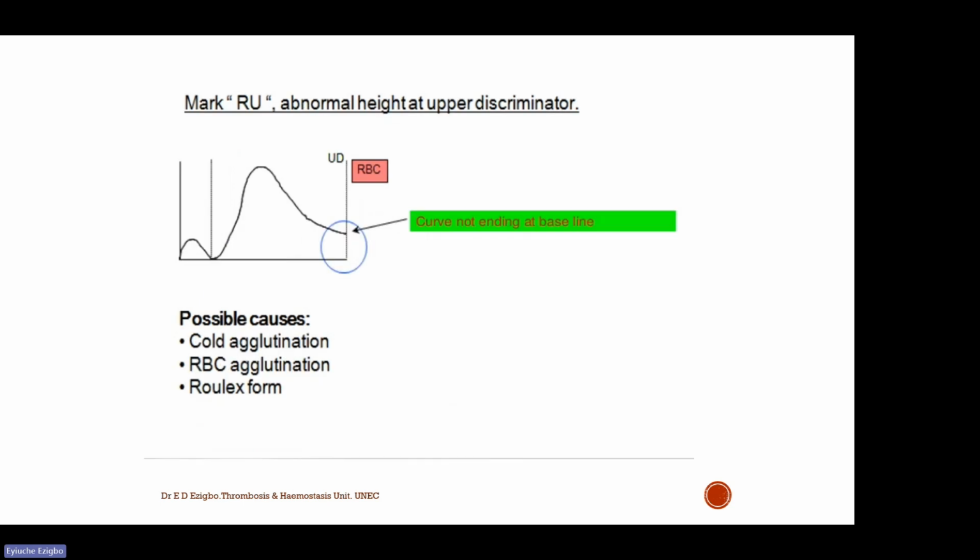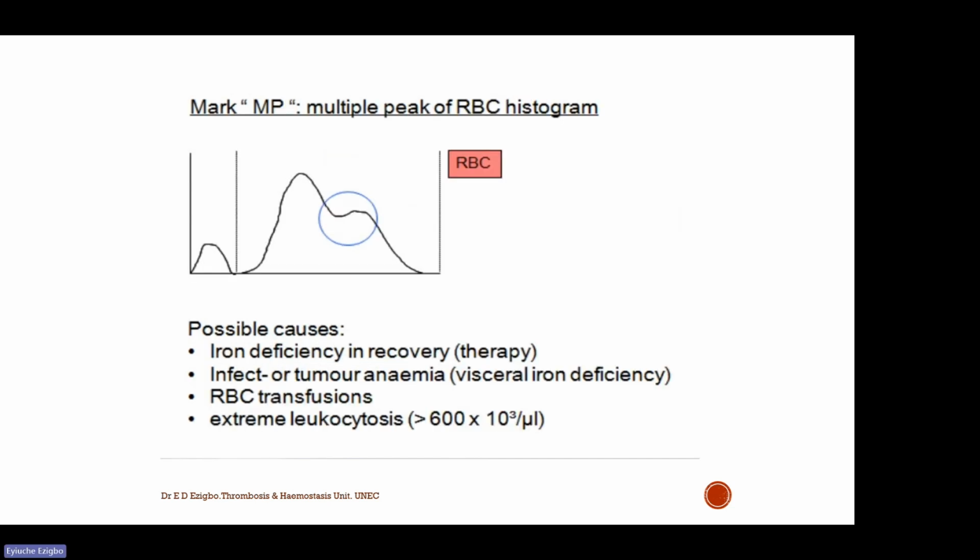And then this is RBC. You can see this place, it did not start and end down. Instead, it ended here. Curve not ending at baseline. Possible cause: cold agglutination, red blood cell agglutination, rouleaux formation. I can also see this RBC, they are just analyzing the RBC histogram.